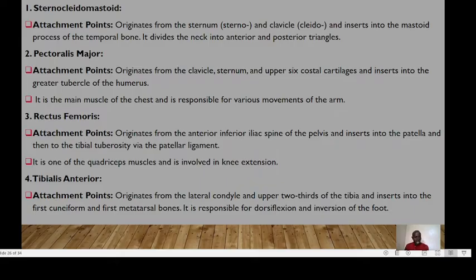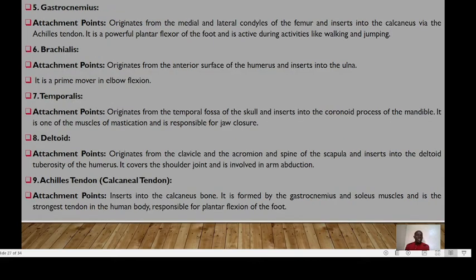Tibialis anterior originates from the lateral condyle and upper two-thirds of the tibia and inserts into the first cuneiform and the first metatarsal bones. It's responsible for dorsiflexion and inversion.